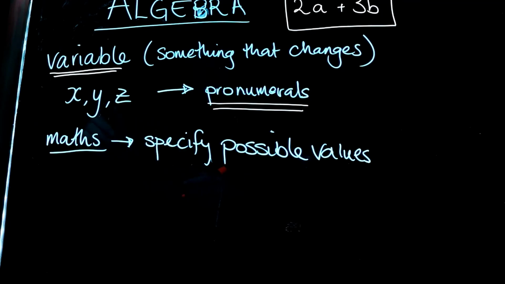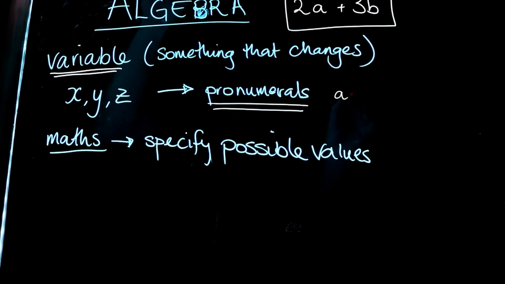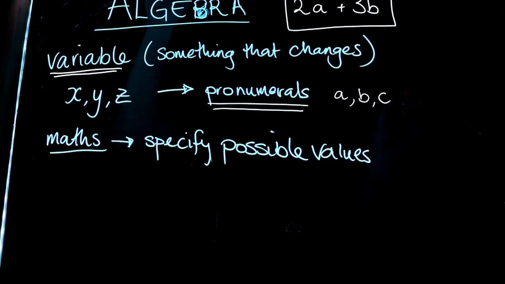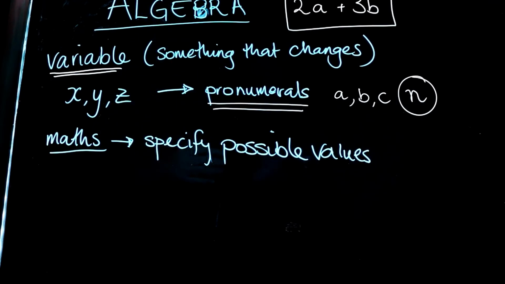So often we write X, Y, Z, and those pronumerals, we could use A, B, C, and often we use the letter N to represent a number. Okay, and that's a very important one that you want to keep your eyes open for. So in science we talk about a variable as something that we measure.